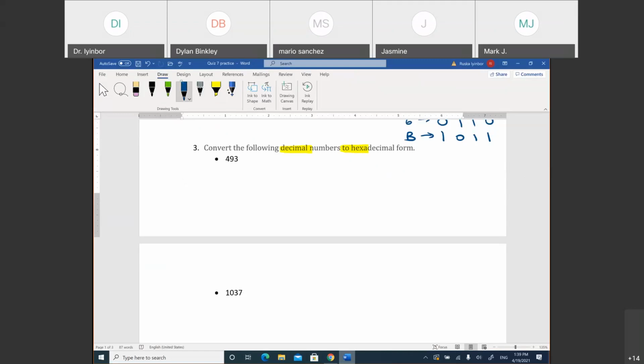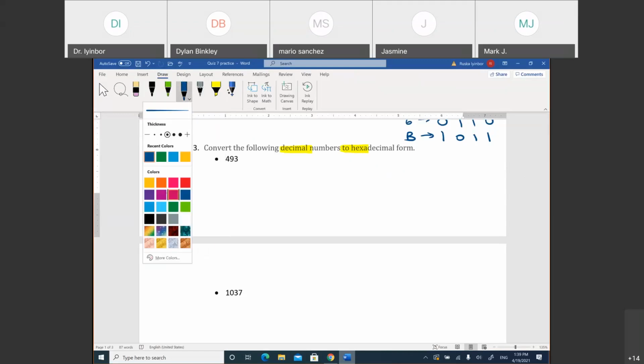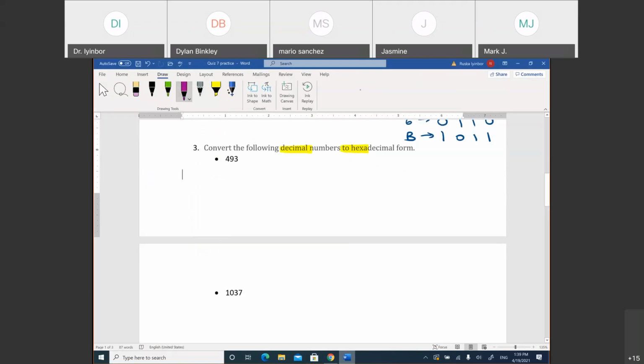I'm not going to use a calculator, I'm just going to divide. So let's divide 493 divided by 16. I'm using my cell phone, like a regular calculator where I get decimals.